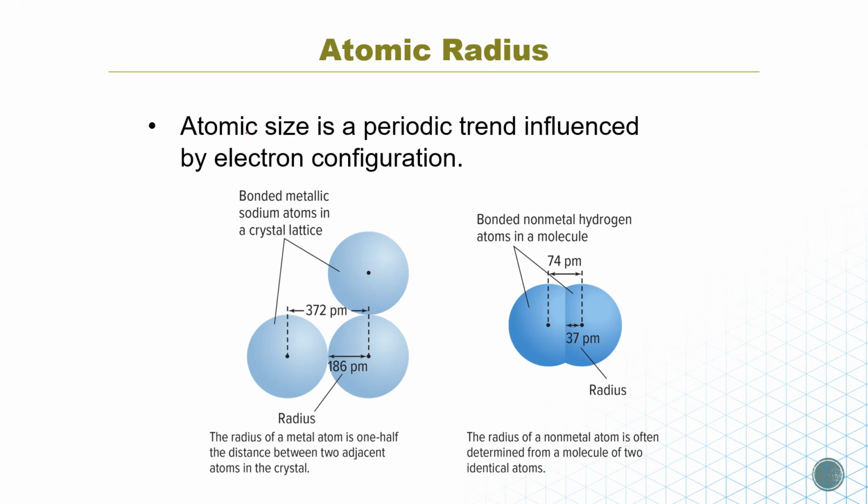Now, you should understand that atomic size or atomic radius يعني حجم الذرة أو نصف قطر الذرة is a periodic trend that changes by electron configuration. And of course, you know that different elements have different electron configurations, right? So now, if we look at metallic atoms or metallic bonds, for example, this is a sodium atom, okay?